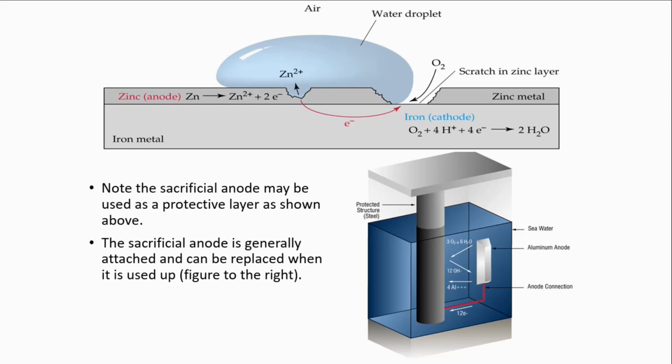And so the aluminum metal will undergo oxidation sacrificially, therefore allowing your rig to maintain its structural integrity out there in the seawater. So that's just an everyday example that we could relate to.